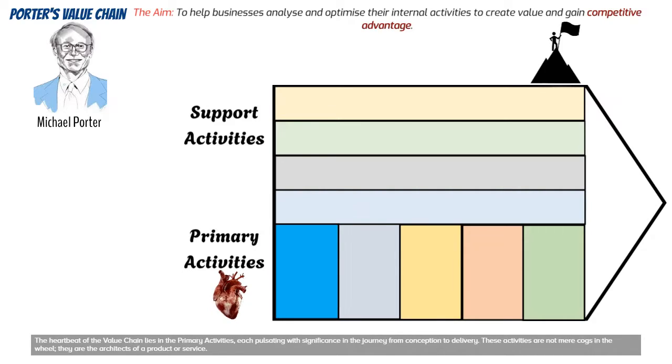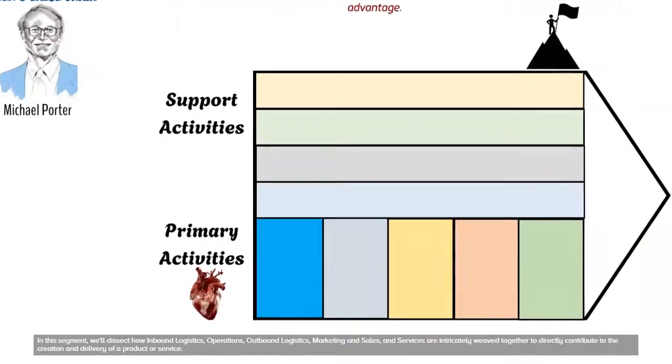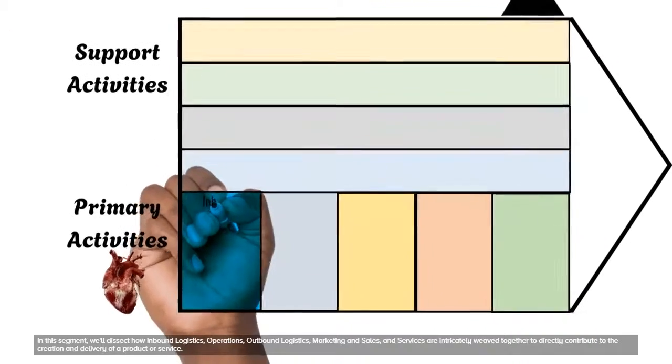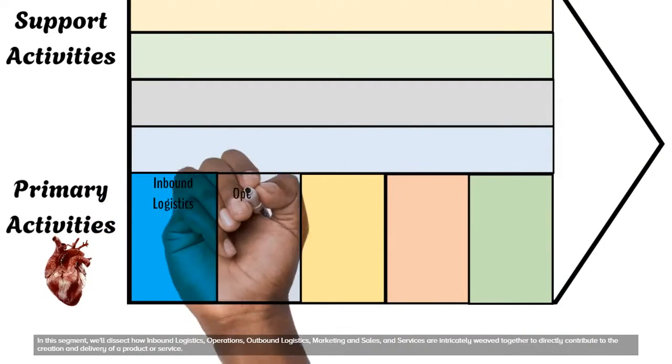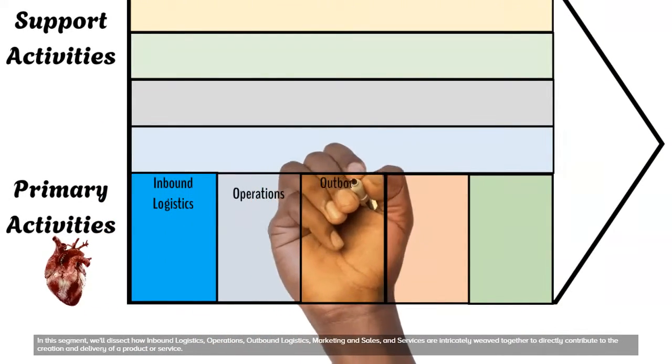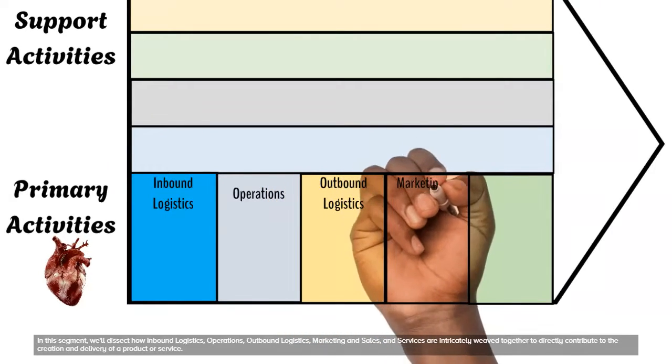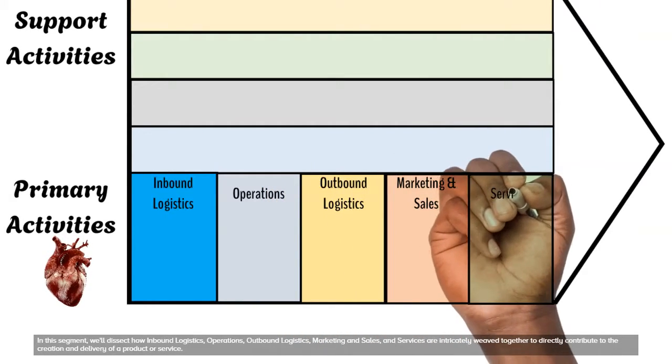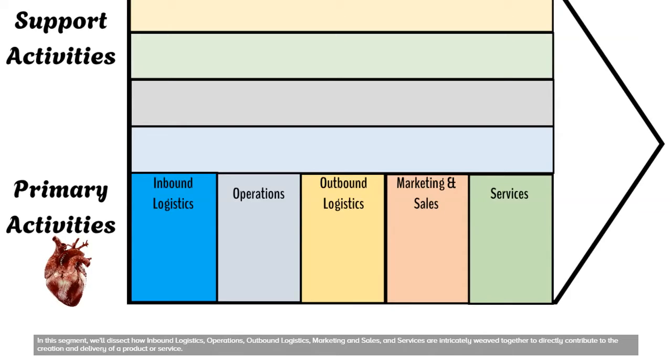These activities are not mere cogs in the wheel, they are the architects of a product or service. In this segment, we'll dissect how inbound logistics, operations, outbound logistics, marketing and sales and services are intricately weaved together to directly contribute to the creation and delivery of a product or service.